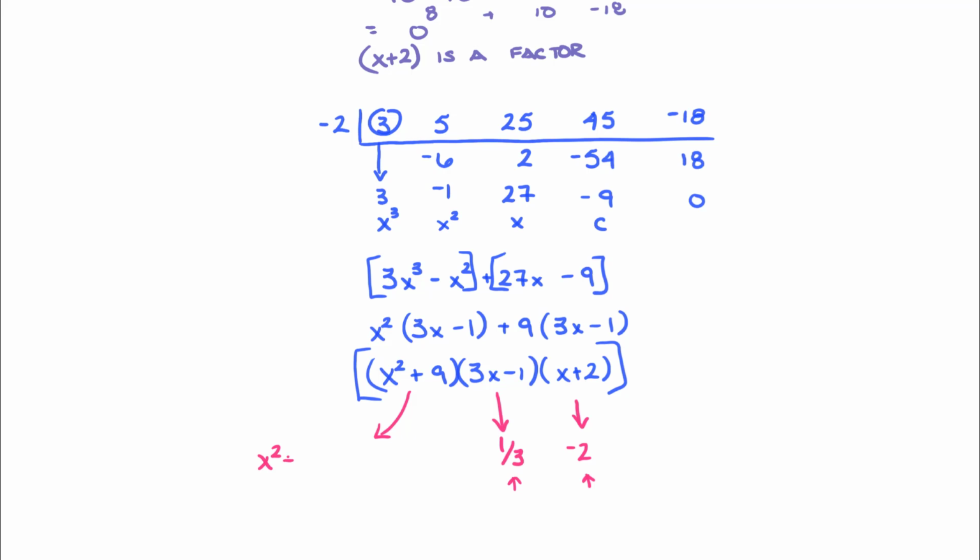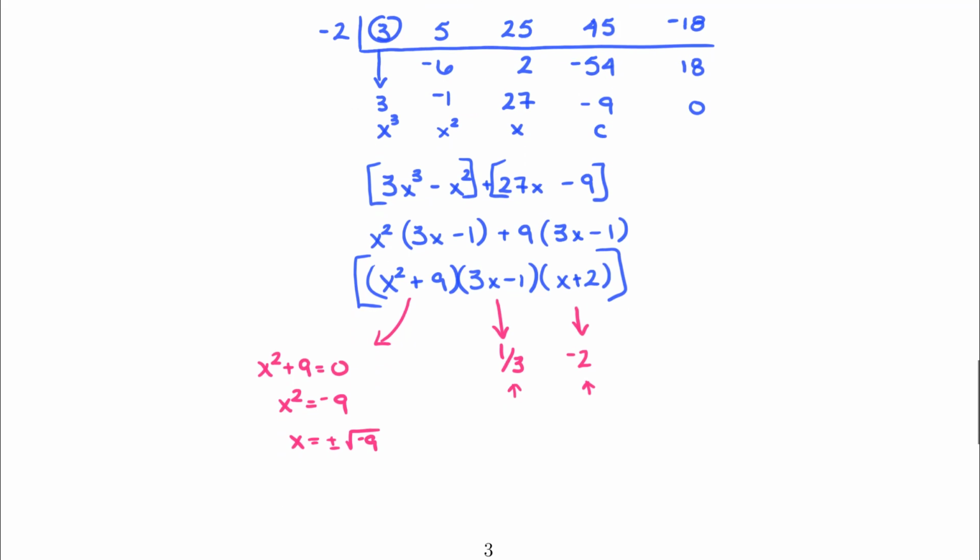So we take x squared plus 9, set it equal to 0. We subtract the 9. We take the square root. And then we know the square root of negative 9 is going to be plus or minus 3i. So our complete list of zeros is negative 2, 1/3, and plus or minus 3i.